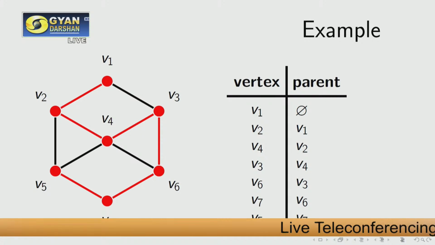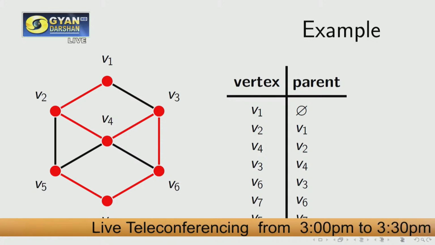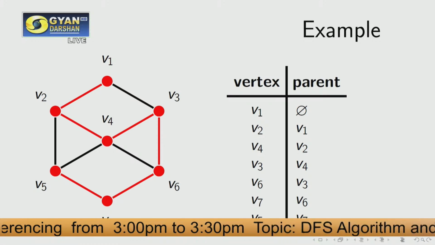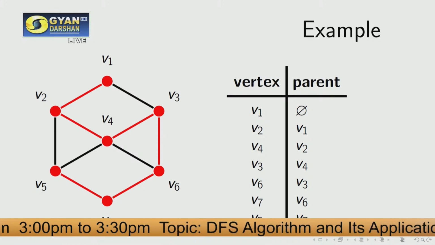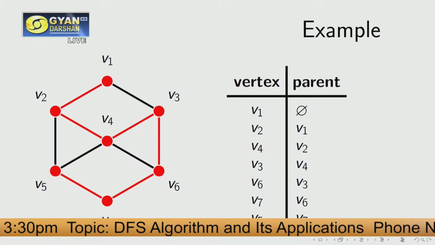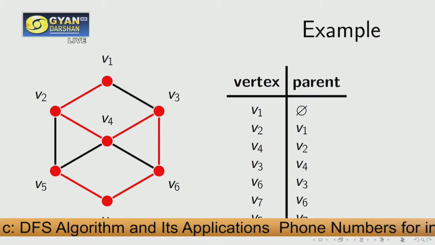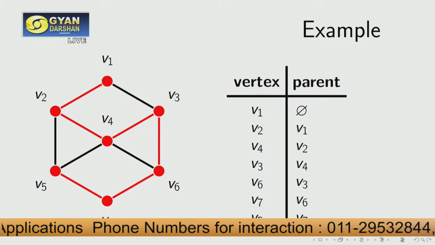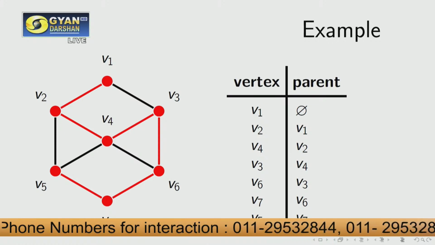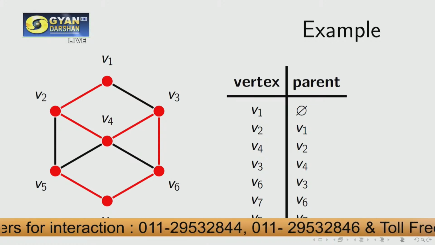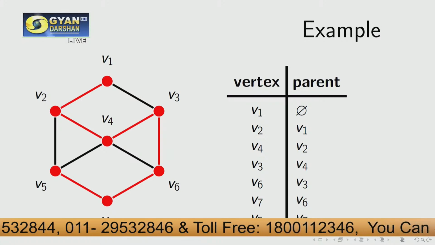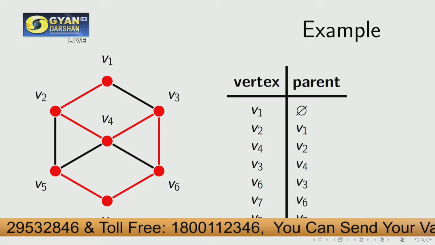We know that V3's parent is V4, so we can move from V3 to V4, and then V4's parent is V2, so we can move from V4 to V2, and finally V2's parent is V1, so we can move from V2 to V1. In this way we get the path from V3 to V1, and if we add the edge V1V3 to this path, we get the fundamental cycle.